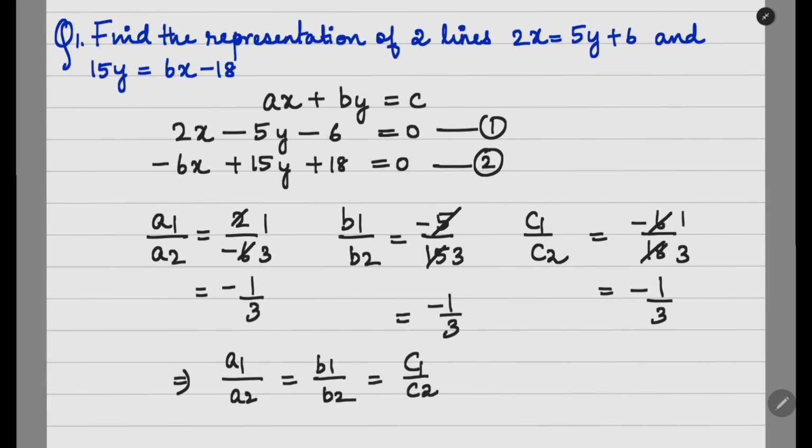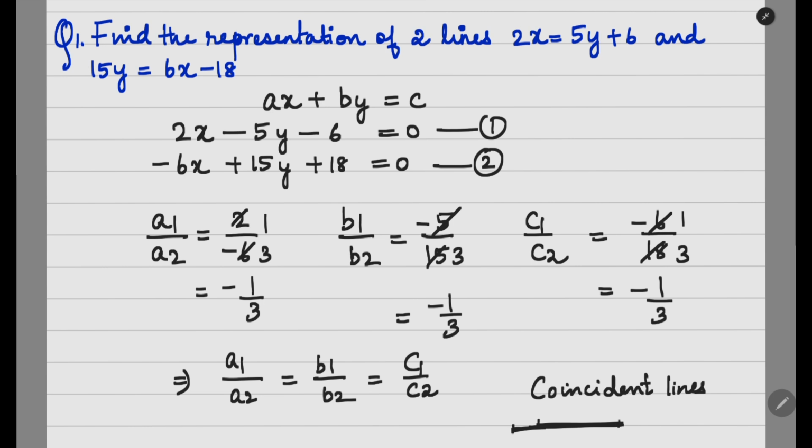This is the second case: whenever all the three ratios are equal, the given pair of linear equations represents coincident lines, and these are consistent in nature. Hope you understood. Whenever all three ratios are equal, the lines are coincident, that means one over the other. Both the lines lie one over the other.